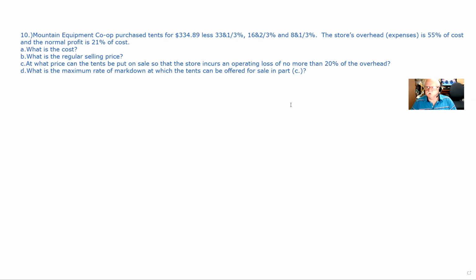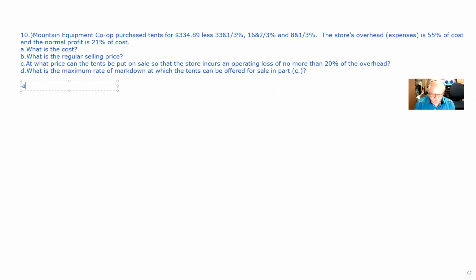The store's overhead expenses is 55% of cost, and the normal profit is 21% of cost. So they want us to work backwards here and find out the cost. So let's try and do that.